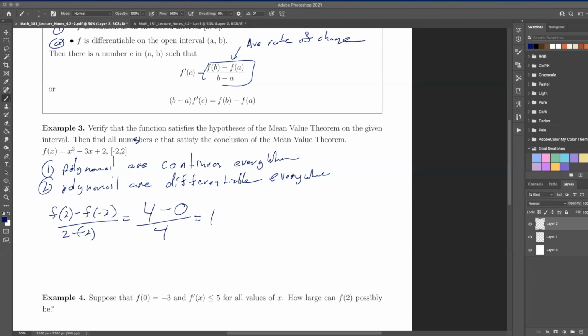I don't trust me typing in a computer either. So yeah, that's 4 and 0. Okay, so that's correct. So we have the average rate of change here is 1.